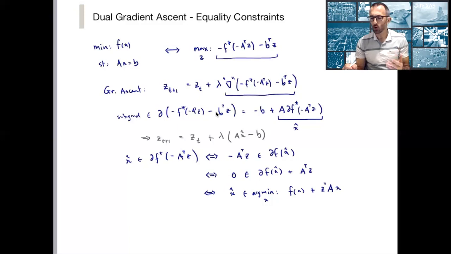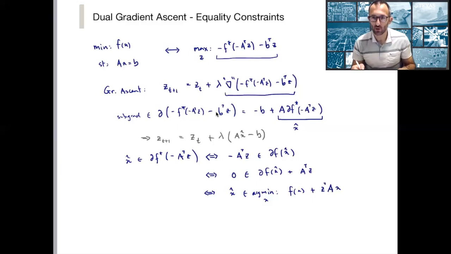The second thing to note is just to observe what has happened. This sub-problem that we're solving is really just a Lagrangian problem. All I've done is I've just dualized the constraints.